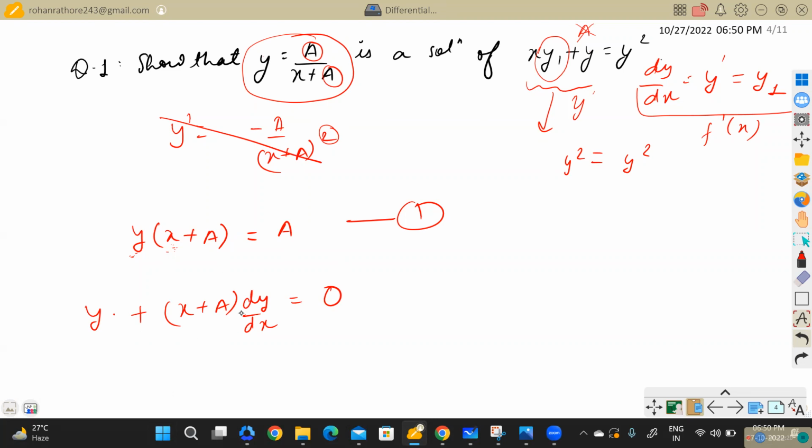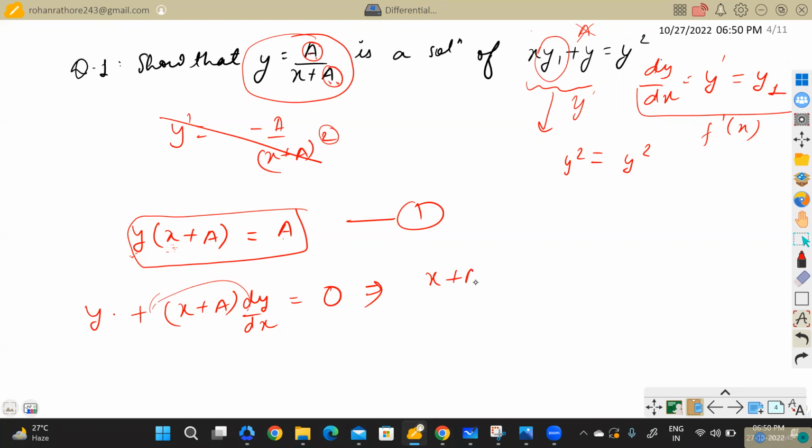Next, to make this look like the differential equation, we need to replace these two a's. First of all, we have the value of a here, and we can substitute this directly. We can also determine the value of x plus a from here, because x plus a is just lying here. So we can solve this for x plus a.